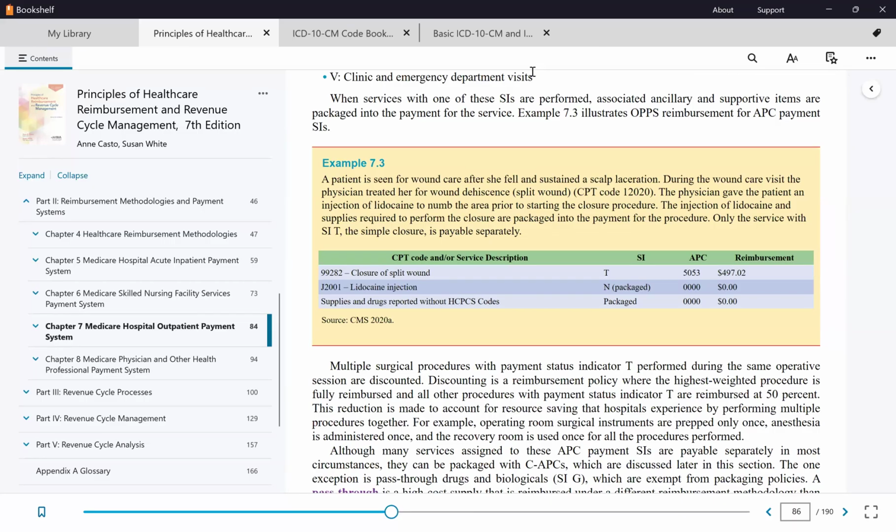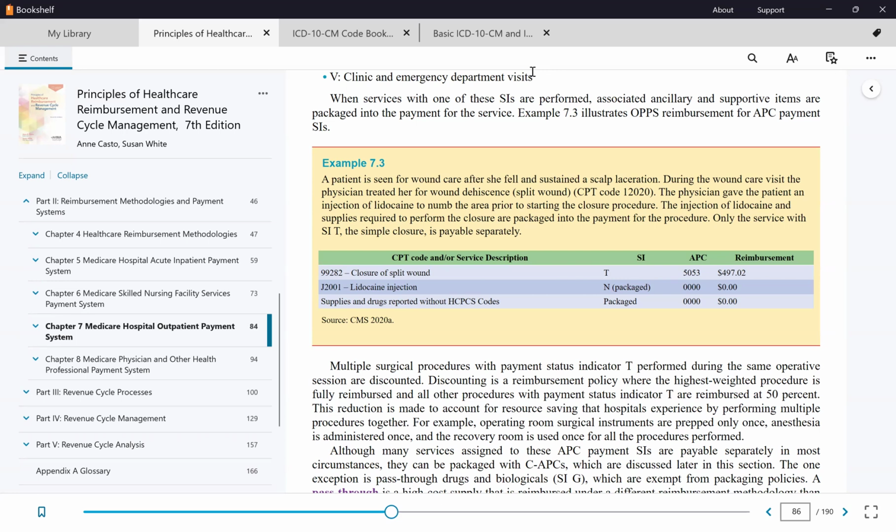So here's the example that we're looking at. Patient is seen for wound care after she fell and lacerated her scalp. During the wound care visit, the physician treated her for a split wound and gave the patient an injection of lidocaine to numb the area prior to the sutures. The injection of the lidocaine and the supplies required to perform the closure are packaged.